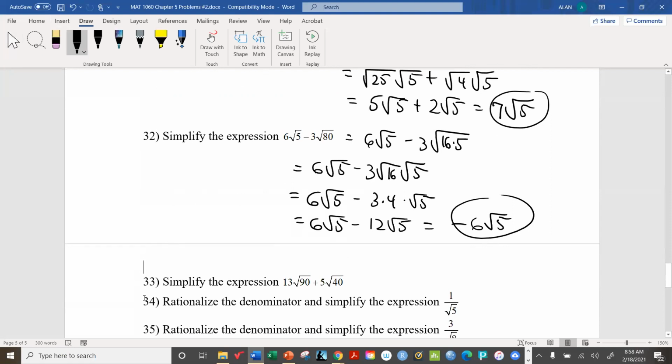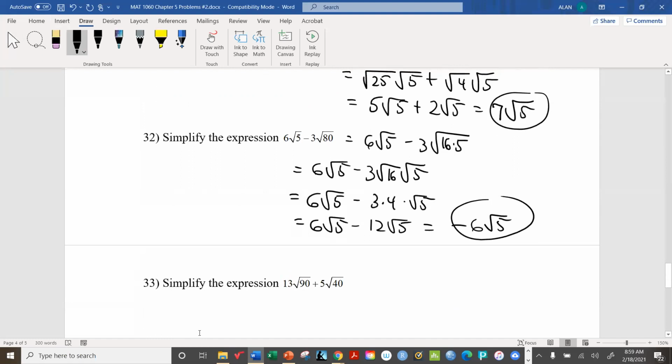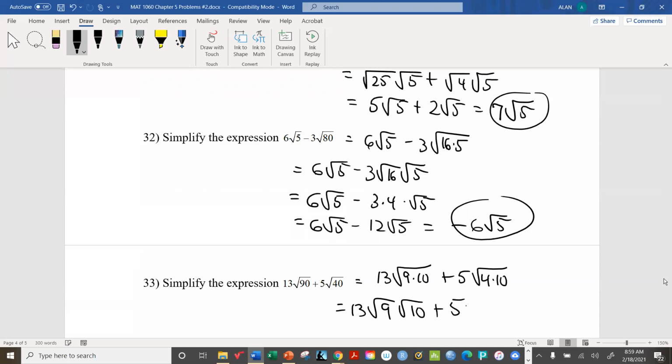Let's see. Now we have another one here that you can see at least both have a common factor of 10. So let's check that out. Equals 13 radical 9 radical 10 plus 5 radical 4 radical 10. Okay, I think we're looking good here.